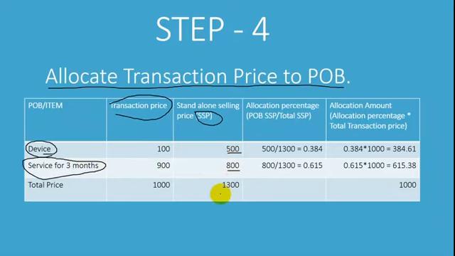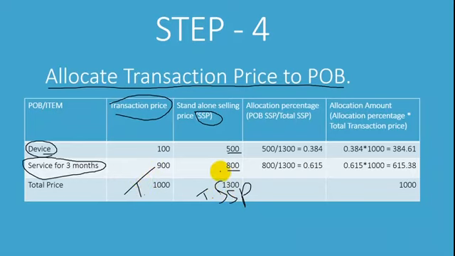So the total SSP is 1300. Okay. Same way, this is the total transaction price.